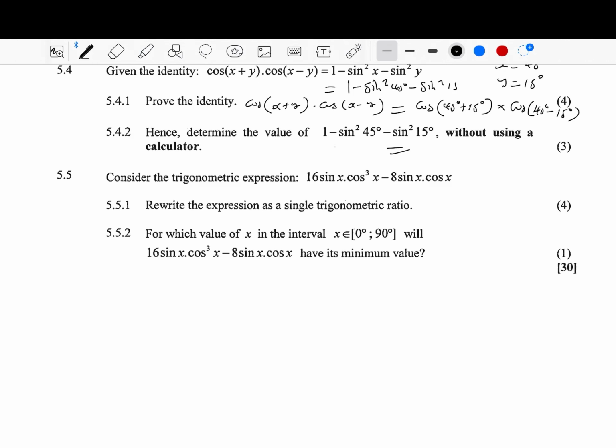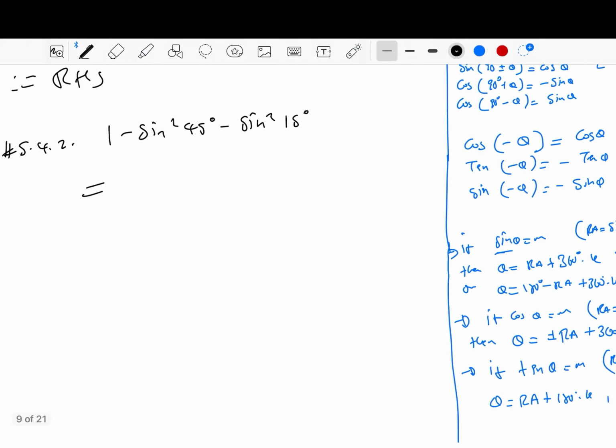So cos 45 degrees plus 15, what's that? That's 60 degrees, times cos 45 minus 15, that is 30 degrees, right? So what you have here is equal to cos 60 degrees times cos 30 degrees.